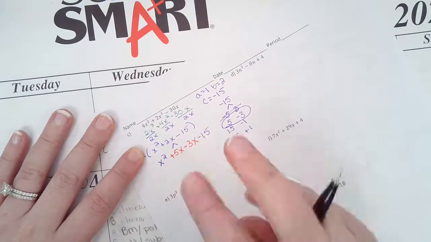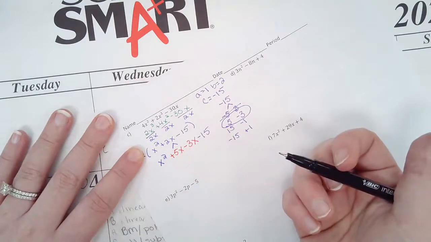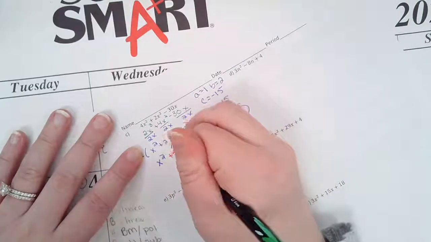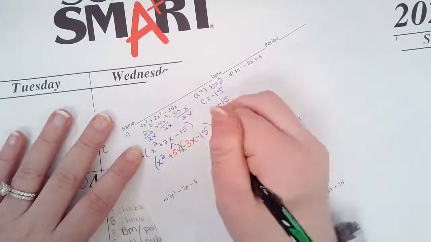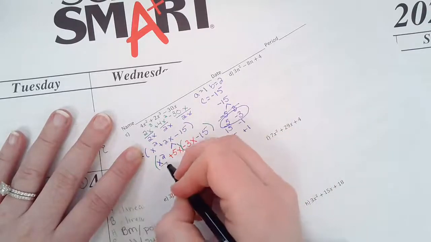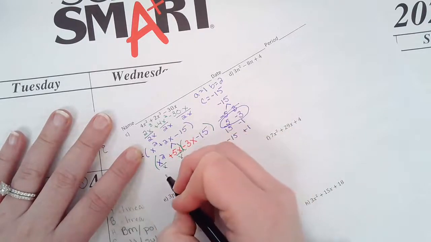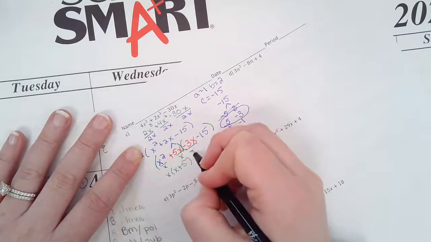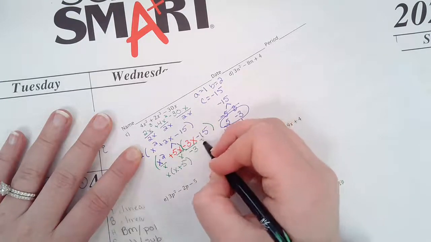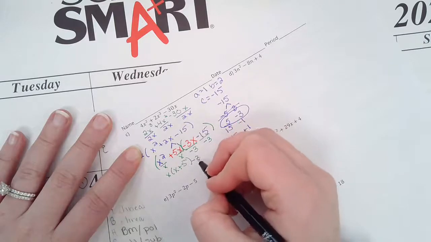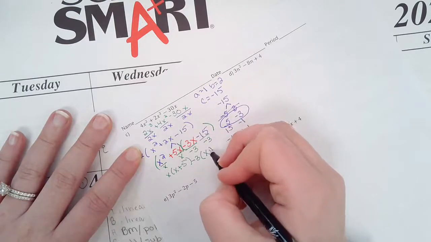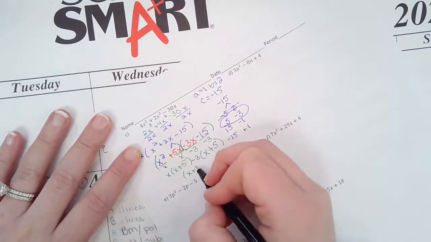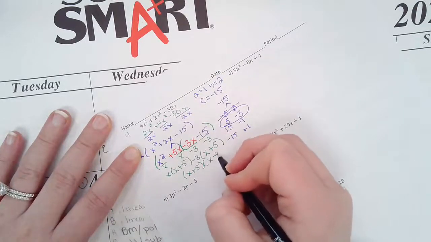My greatest common factor here is x, so I pull an x out, leaving x plus 5. My greatest common factor here is negative 3. Don't forget to take that negative 3 out, making that an x and changing that sign to a positive 5. x plus 5, and then I put the x minus 3 together, and then that 2x in the very beginning, we factored out. You can't forget about it. It goes to the front. And that is your fully factored form.